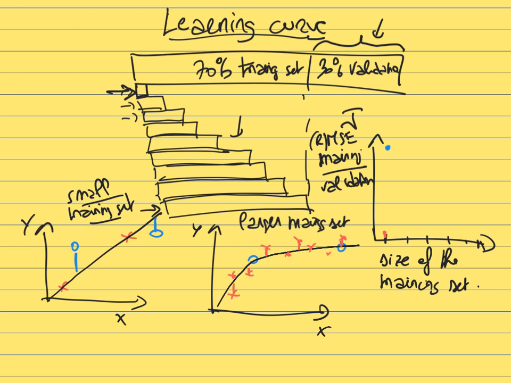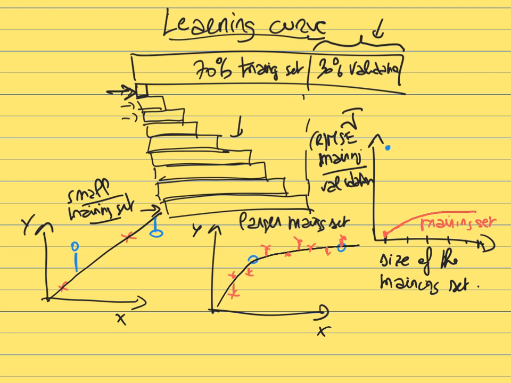So now you will start to have an error when interpolating the training set. Your model will not be able to go through every single point of the training set, which means that when you increase the size of the training set, the error for the training set will start to increase.